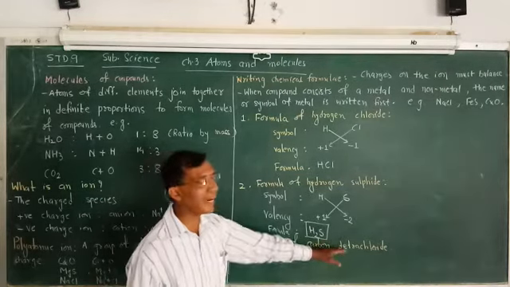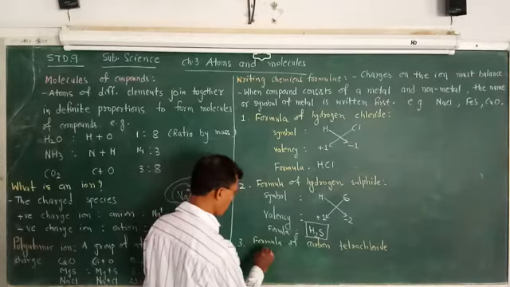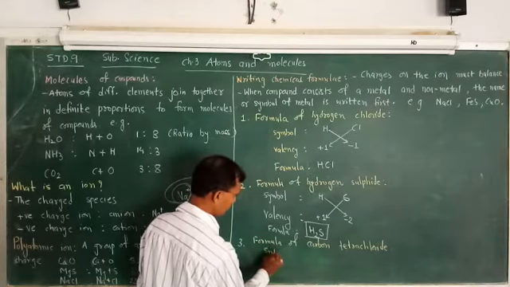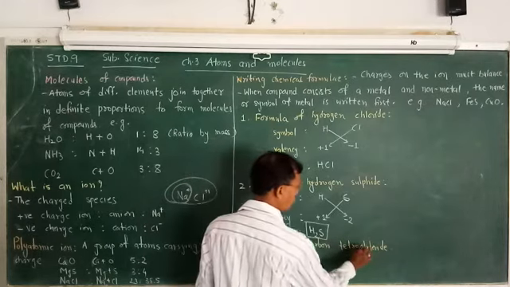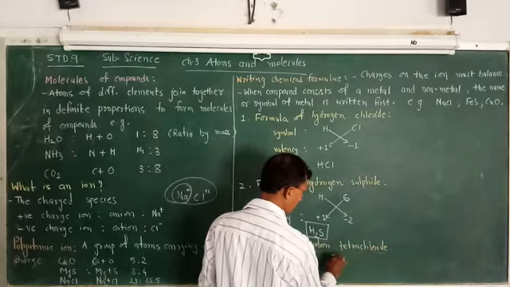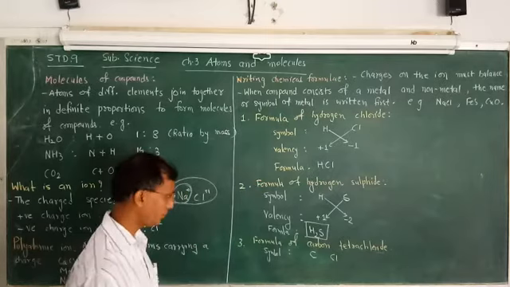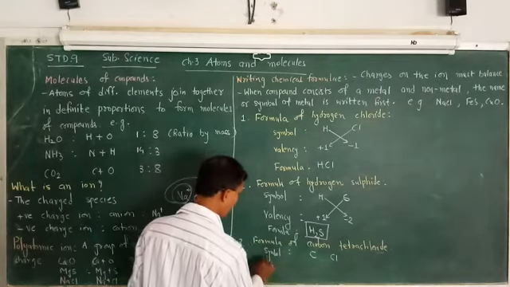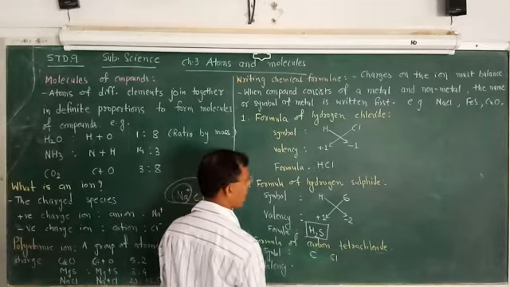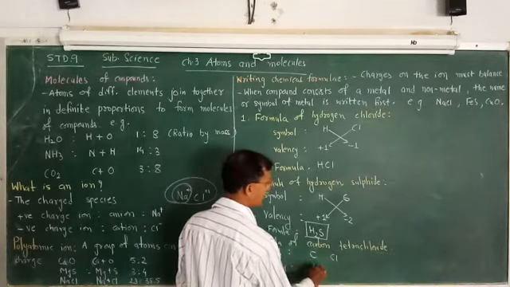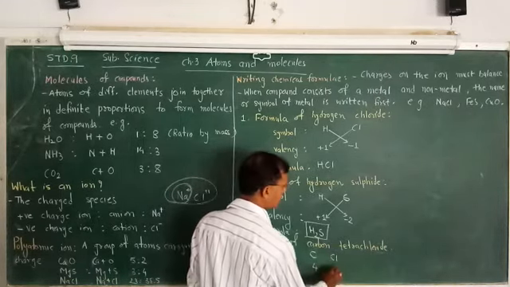Formula of carbon tetrachloride. First write the symbols. Symbol of carbon is C, symbol of chlorine is Cl. Now write the valency. Carbon has valency 4 and chlorine -1.